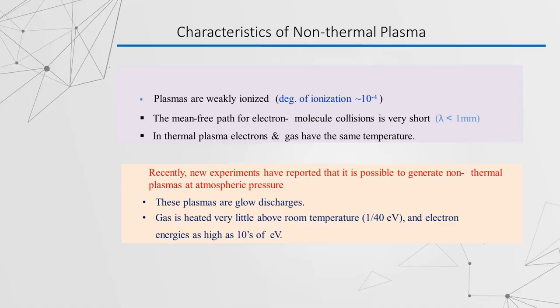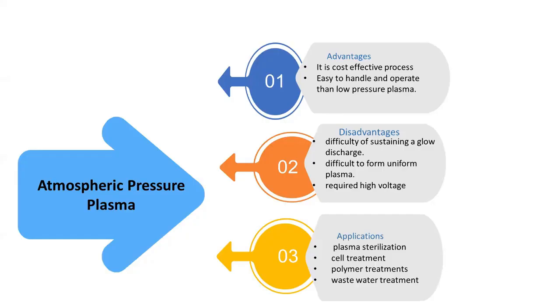Here are some characteristics of non-thermal plasma. Now, moving to the next slide, here are some advantages, disadvantages, and applications of atmospheric pressure plasma. Nowadays, different research centers and universities are interested in the field of atmospheric pressure plasma due to its number of advantages over low pressure plasma, as it is cost effective and easy to handle and operate.